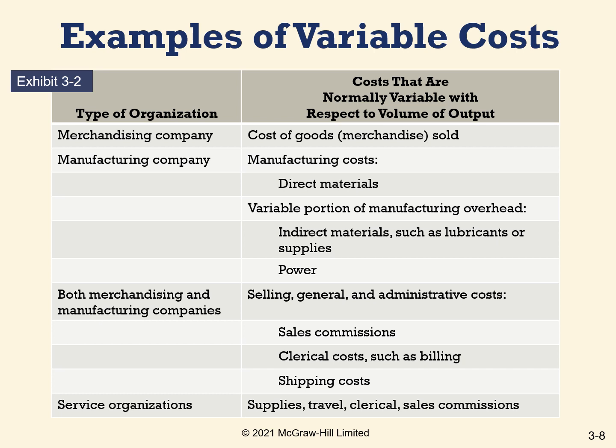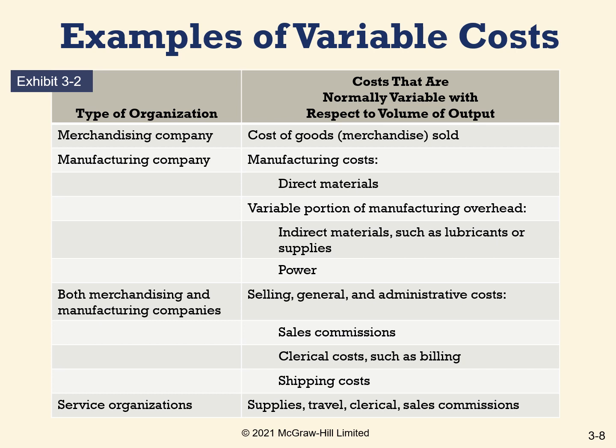For a manufacturing company, the things that will be variable are largely based on what and how much we're producing. The things that go into production are our manufacturing costs, and these variable ones include our direct materials, the materials that are directly used to make a certain product. We can also look at the variable portion of manufacturing overhead.